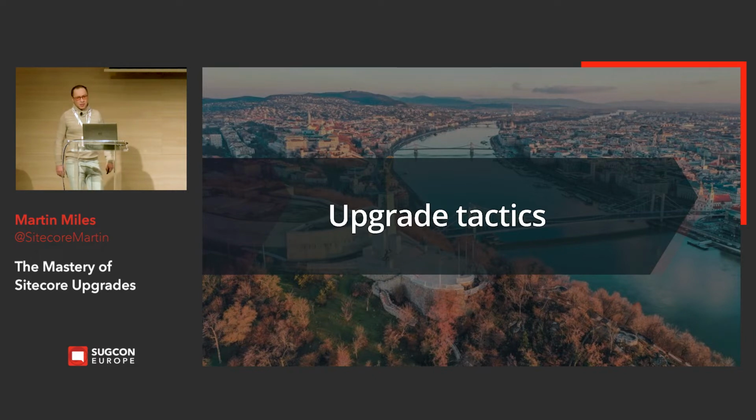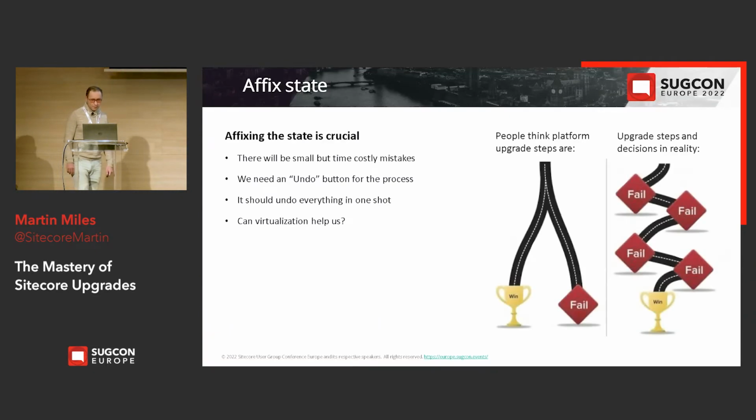Next, let's talk about some upgrade tactics that can significantly help your upgrade process. Fixing the state, being able to switch between the states as quickly as possible, is very crucial for productivity when working on an instance upgrade. Small mistakes are inevitable, and we actually need some sort of undo button for the whole process.